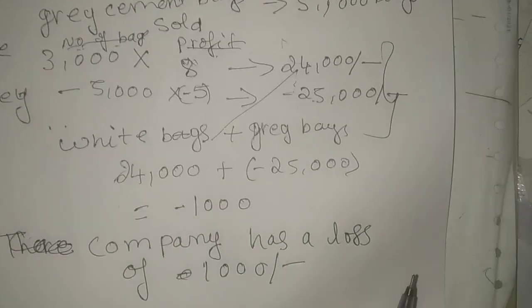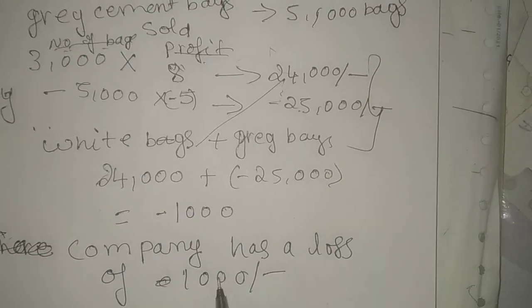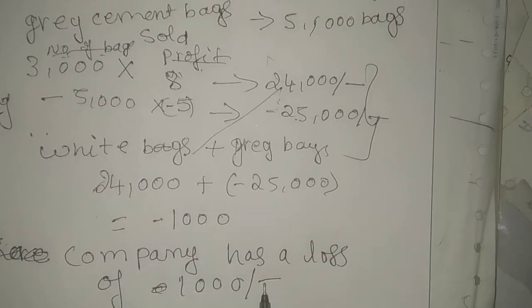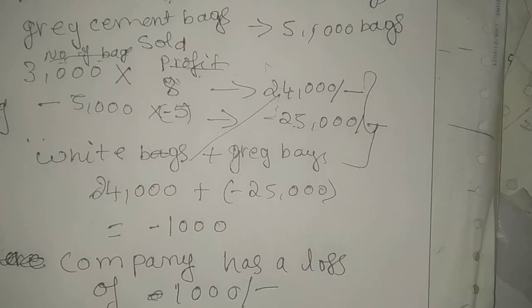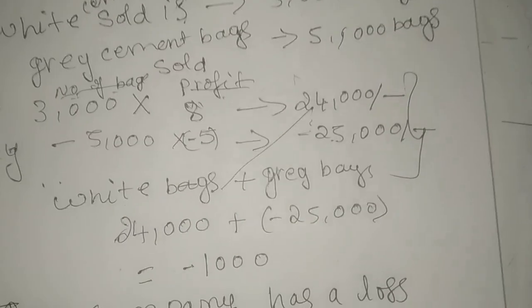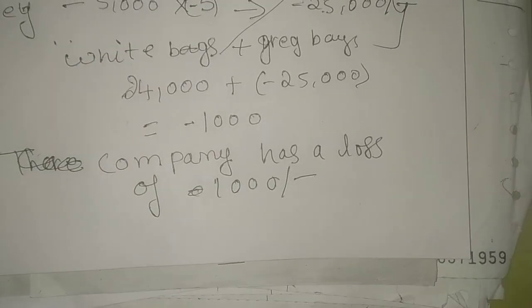Then add both, and you get the final answer, that is the company has a loss of 1000 rupees. That's all. Multiply both and add.